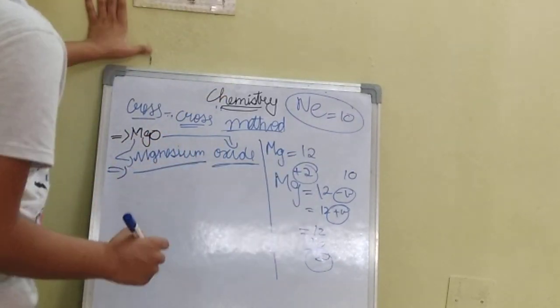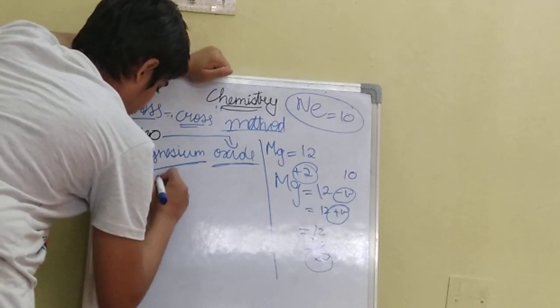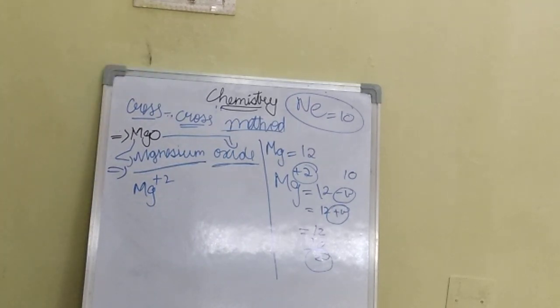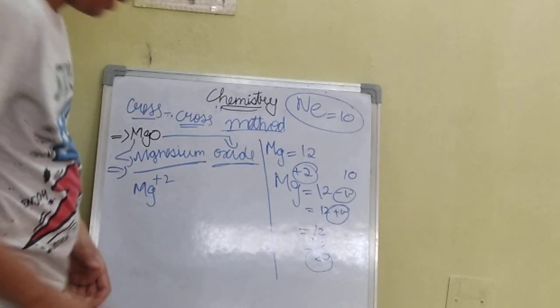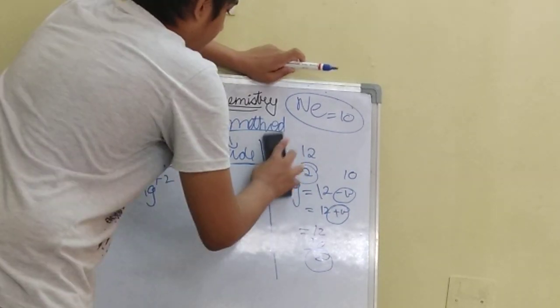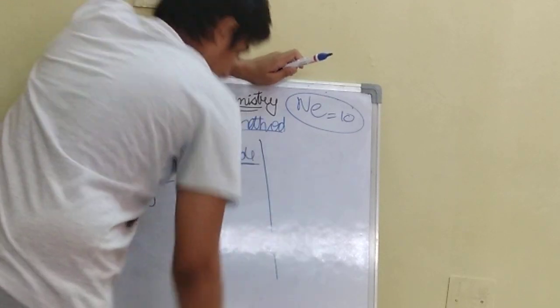Here Mg plus 2. Oxide means O minus 2. Oxide is nothing but oxygen only.